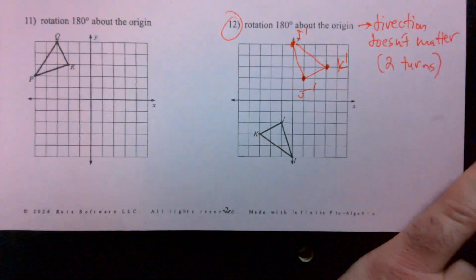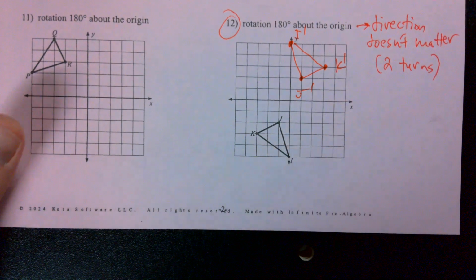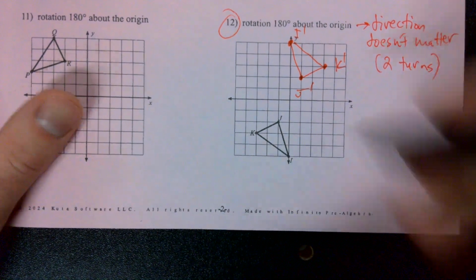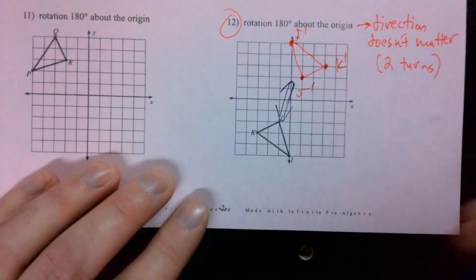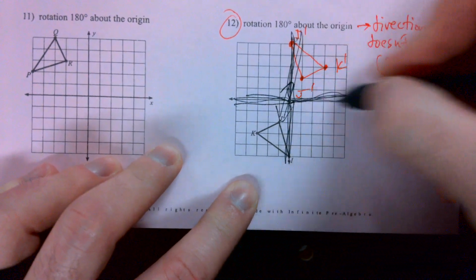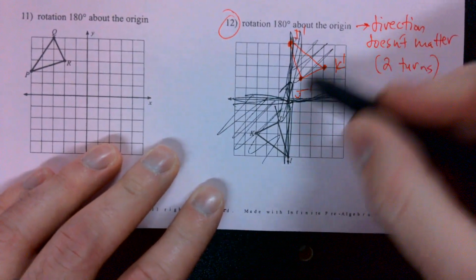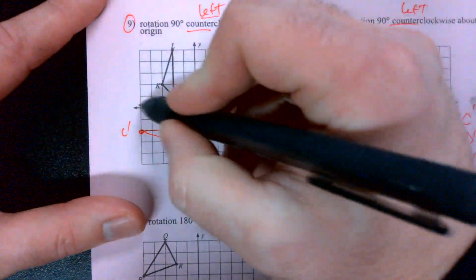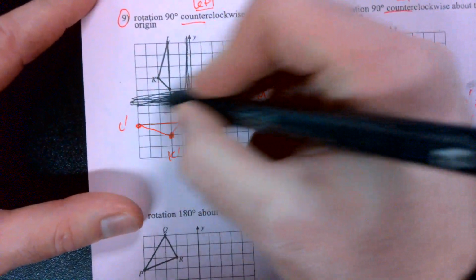And again, just like the warm-up, anytime we rotate 180 degrees, we see that triangle directly opposite the original triangle. Right? We've got one over here in this quadrant, one up here in this quadrant. They're opposite each other. But when we go 90 degrees, I'm going to use number 9 as an example, my pre-image is in this quadrant, my image is in this quadrant.